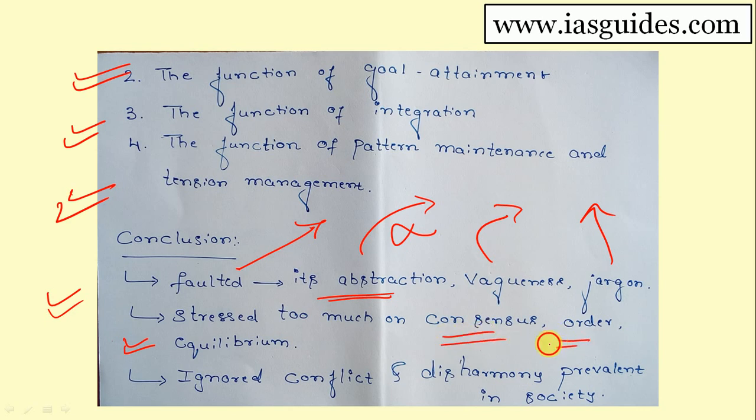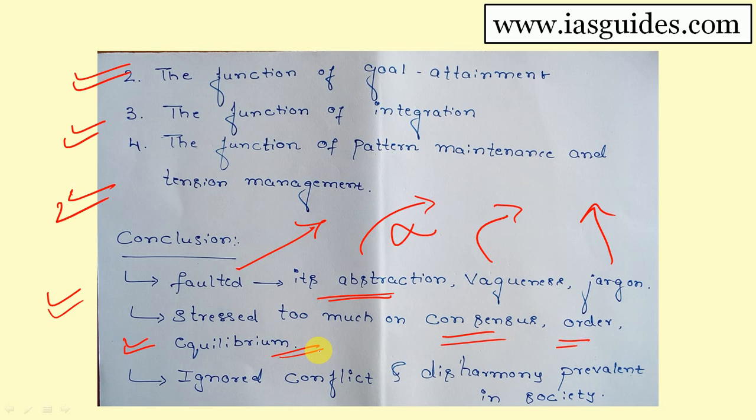They say that, come on, there will be disequilibrium also, there will be disruption in society also. Talcott Parsons is not taking that into consideration. He is always talking about order. What about disorder? What is there in society? He does not actually focus on that. That is also a negative of social system theory, which other sociologists point out towards Talcott Parsons.